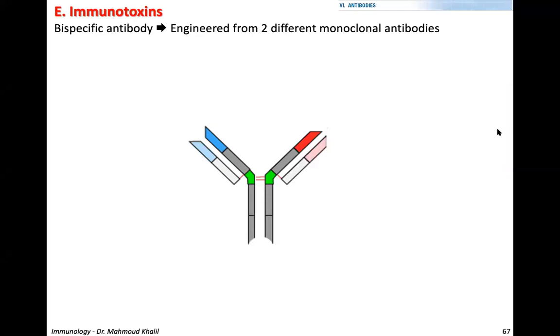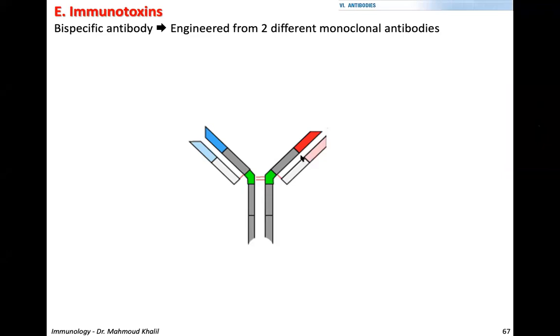So let's see here another level of the use of the monoclonal antibody, which is called the bispecific antibody. This actually increases the efficiency of immunotoxins. This kind of antibody is engineered from two different monoclonal antibodies. So you can see here this antibody looks different because it came from two sources.